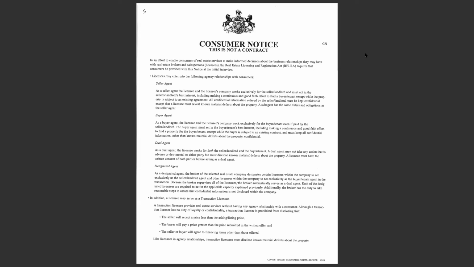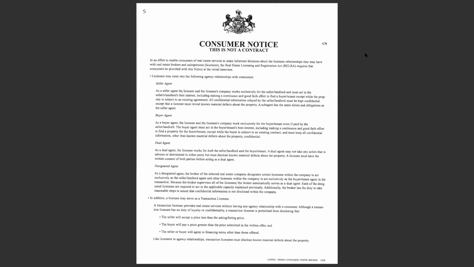Designated agency. As a designated agent, the broker of the selected real estate company designates certain licensees within the company to act exclusively as a seller-landlord agent, and other licensees within the company to act exclusively as a buyer-tenant agent in the transaction.